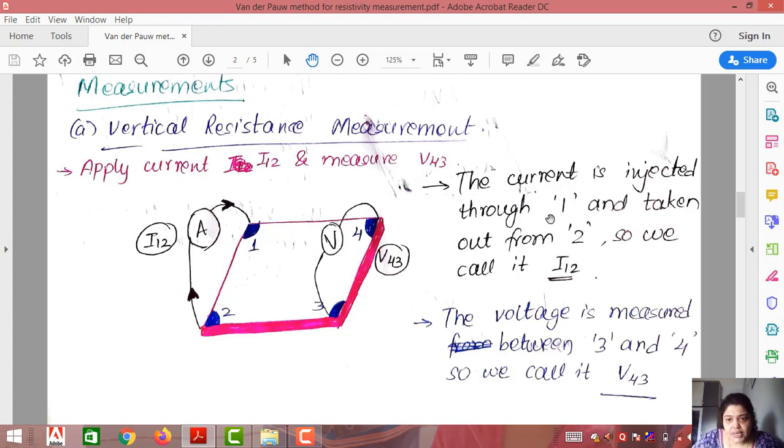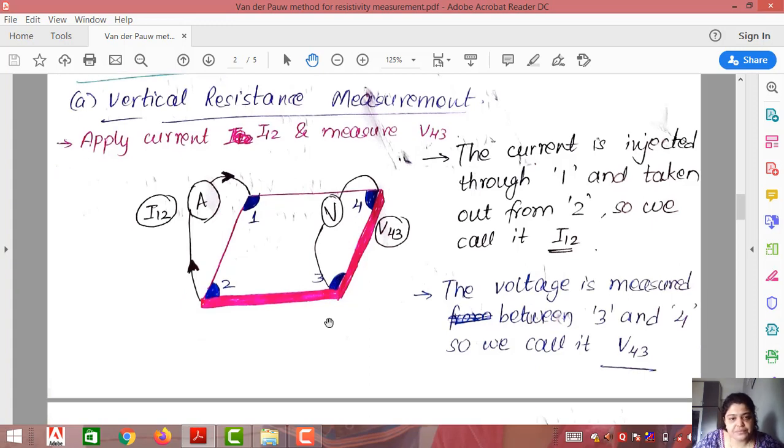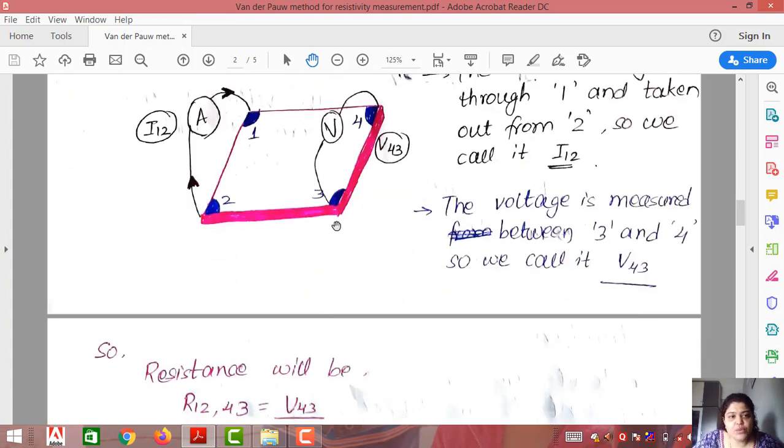The current is injected through 1 and taken out from 2, so we call it I12. The voltage is measured between 3 and 4 and you can call it V34 or V43. It remains the same. But since the current is 1 to 2, to make it easy, we are writing V43. So in this case, what will be the resistance?